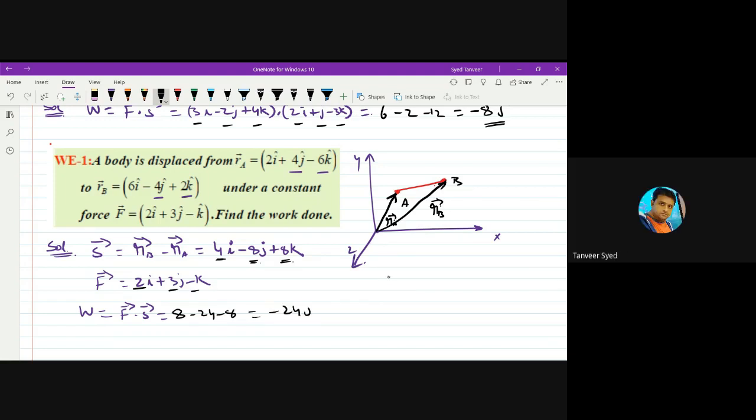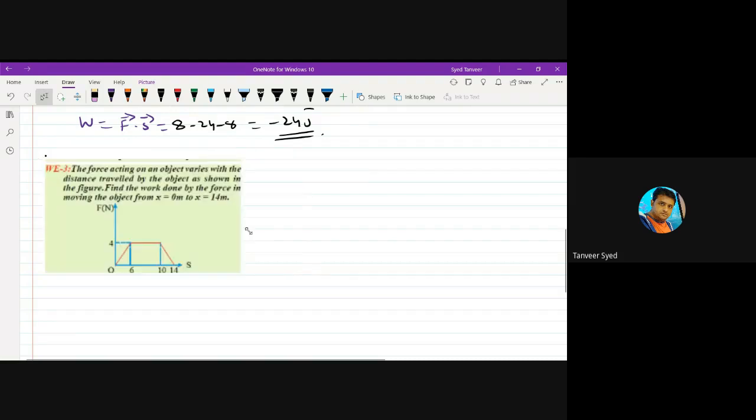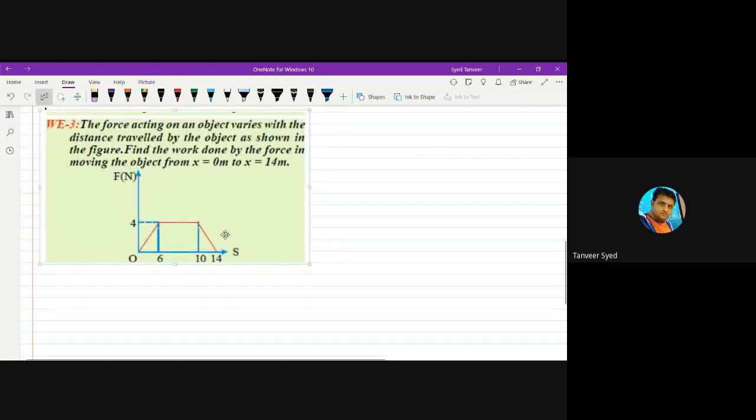Minus 24 joule. Yes, this is correct. Next. Do this.